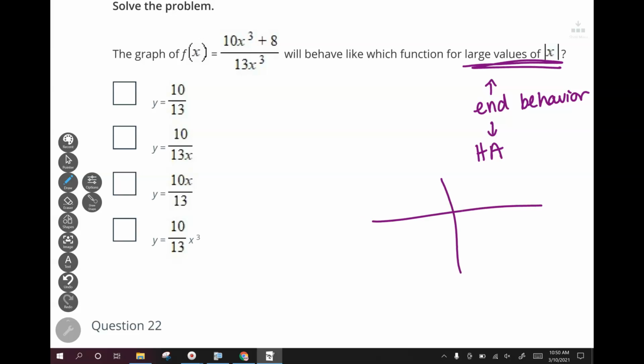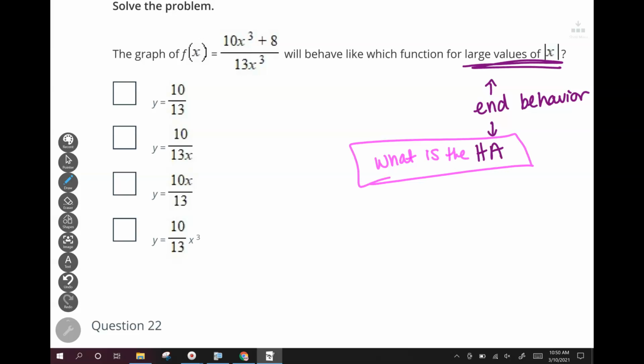Because that's exactly what a horizontal asymptote is. It's a line that's saying your curve approaches this at the ends. So all this question is saying is, what is your horizontal asymptote? That's all it's asking. What is the horizontal asymptote?